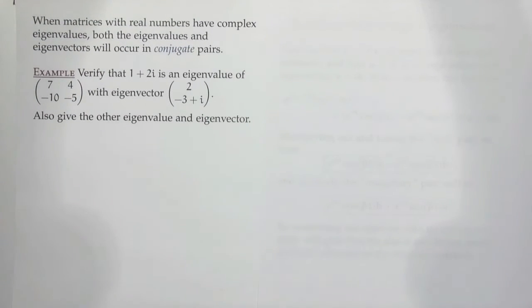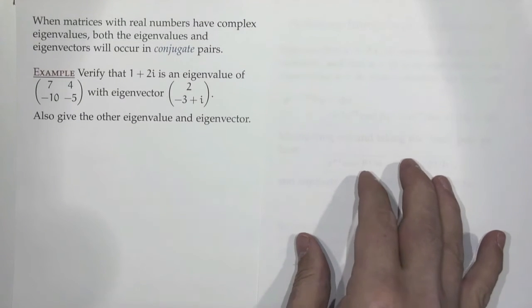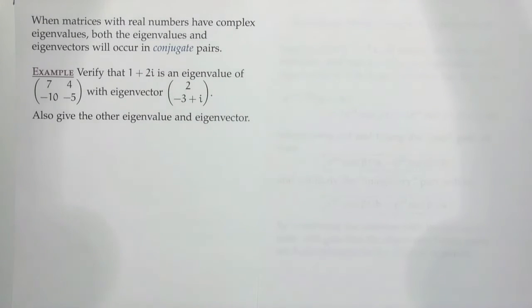You can have complex eigenvalues. Just like when you solve for roots of polynomials, you can have complex roots. So how do we deal with complex roots? Because of algebra, we know that when we have real coefficients, which characteristic polynomials always have, our complex roots always come in pairs.